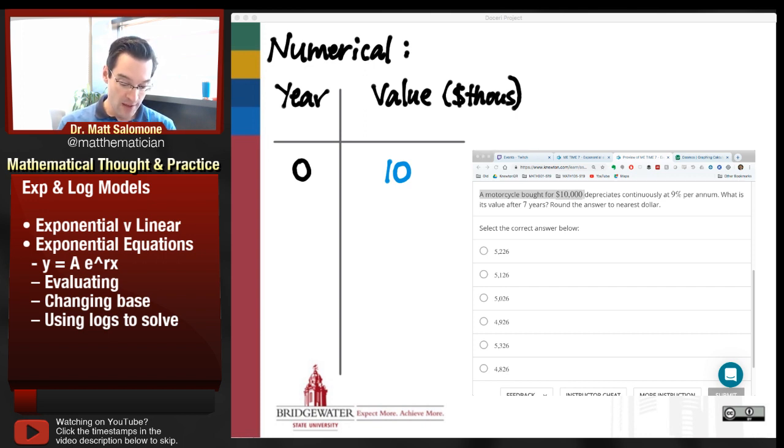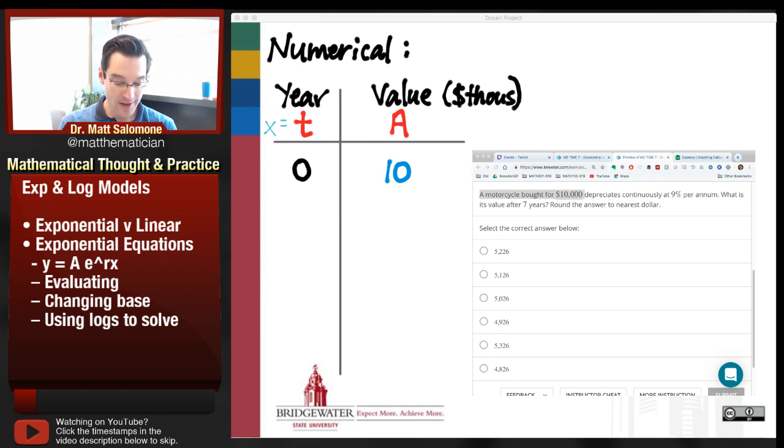Let's give these two quantities, the year and the value of this motorcycle, names. Let's call the year T. Let's call the value, I don't know, let's call it A. Who knows? It doesn't really matter what we call them. At the end of the day, when we go toward a graphical interpretation of this data, we're probably going to take this number of years since purchase and make this my X variable.